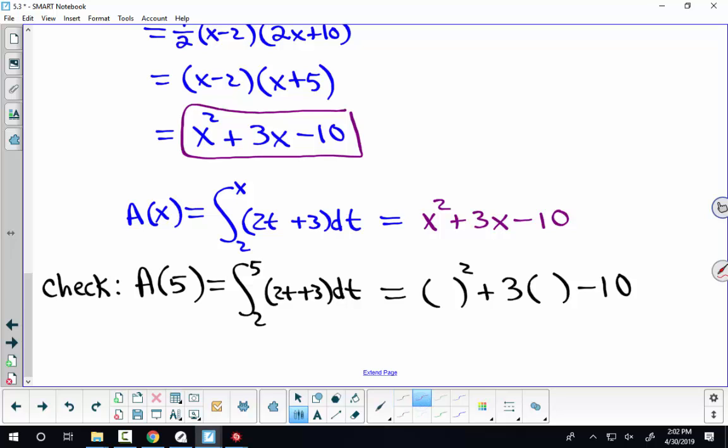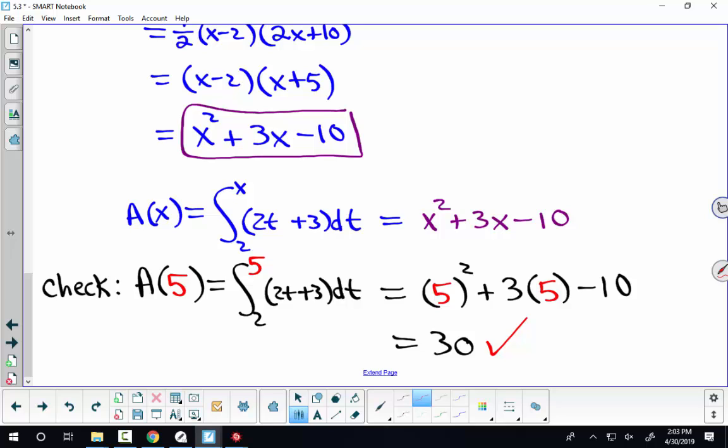Let me emphasize this: A of 5 was this here, plugging in 5 for x. So we found in part 2 that was 30. Is 5 squared plus 15 minus 10 equal to 30? 25 plus 15 minus 10 is 30. So x squared plus 3x minus 10 is just the formula for this area function in this particular instance.